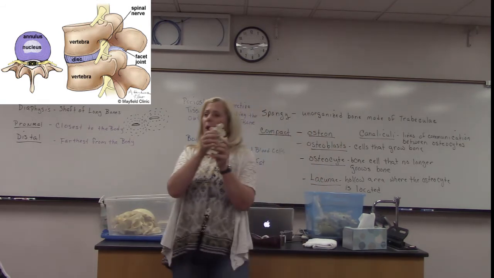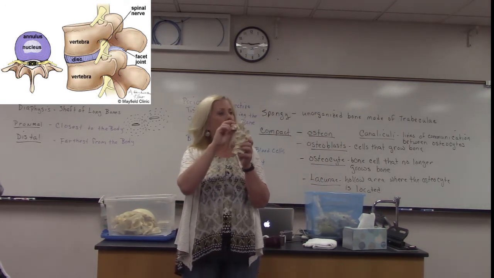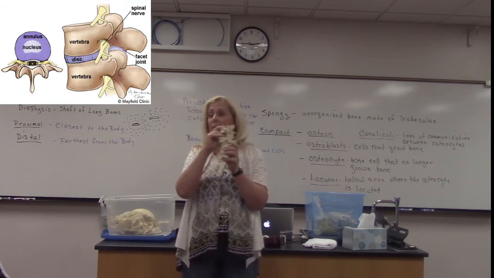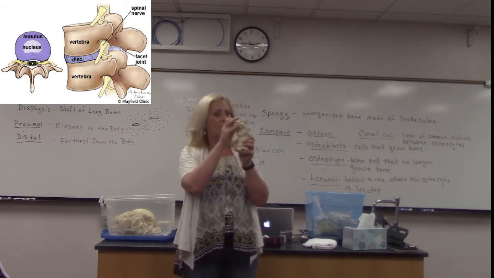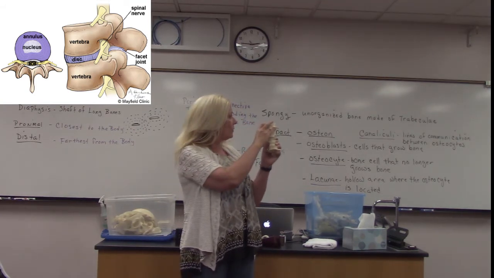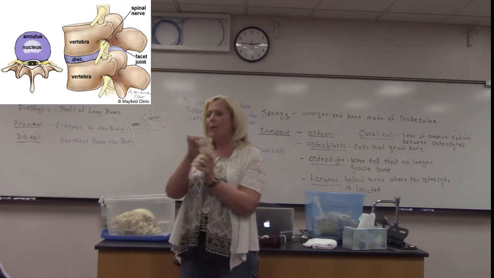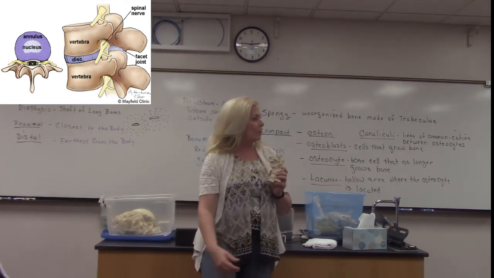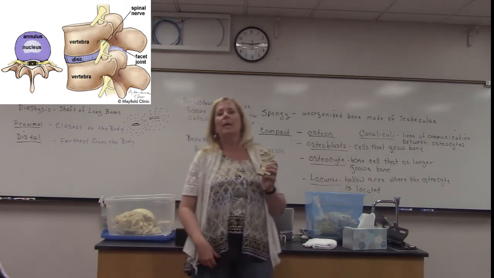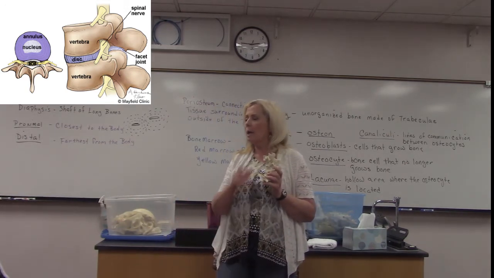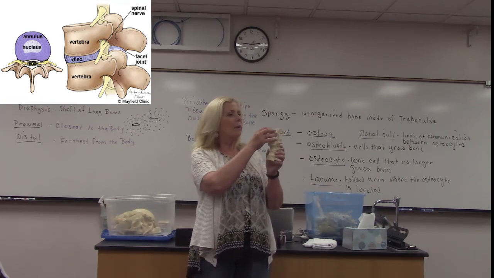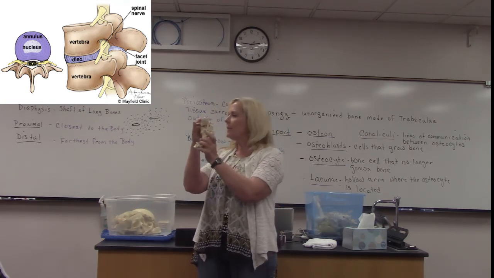So fibrocartilage makes like little pillows in between. Literally, it looks like little pillows that sit in between. And these are our intervertebral discs. We have them in between the vertebrae. We also have them in between the bones of our knees because we need a lot of cushion there as well. So fibrocartilage is very important in helping to keep these bones apart.